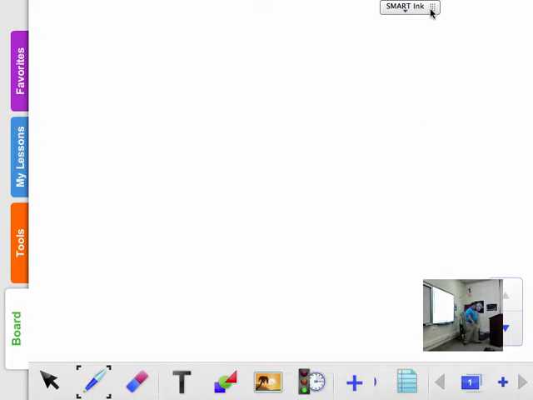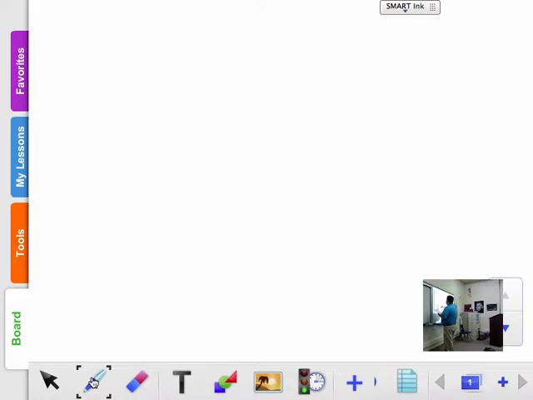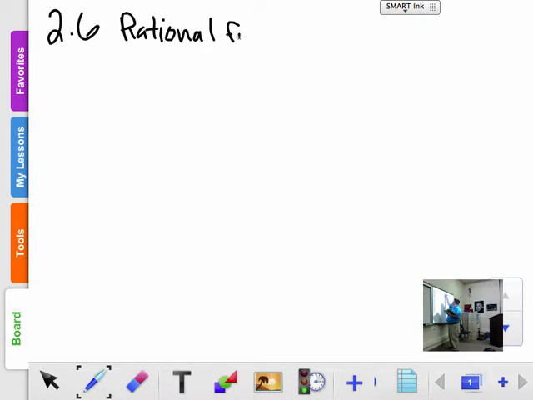Okay, so for 2.6, we're going to talk about rational functions. Rational functions are really just ratios. What's a more common name for a ratio?